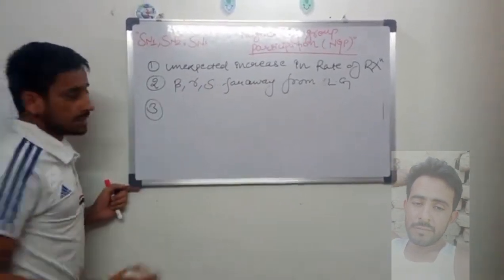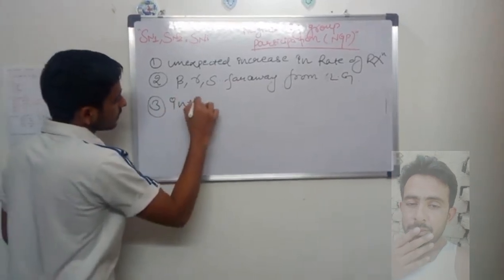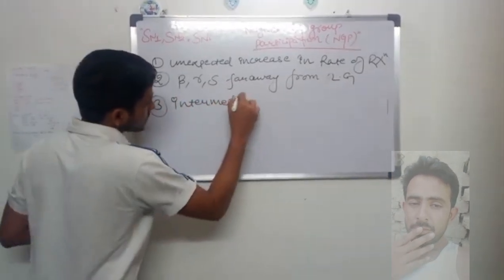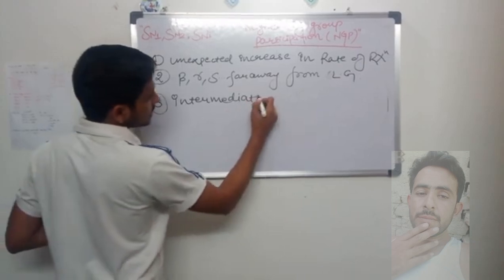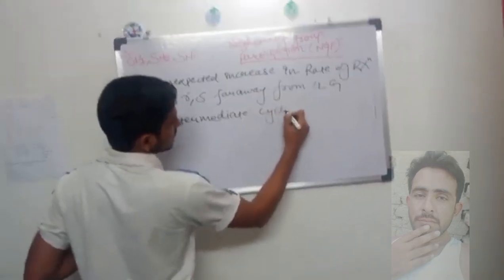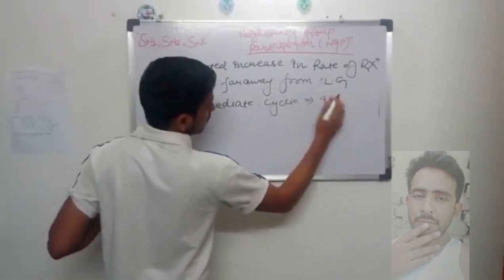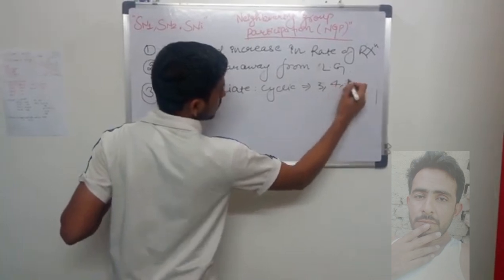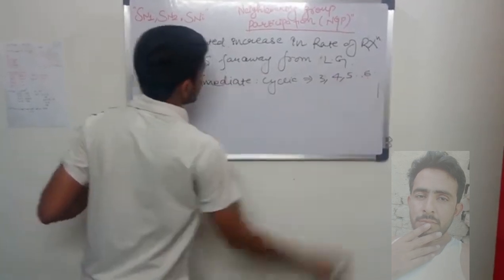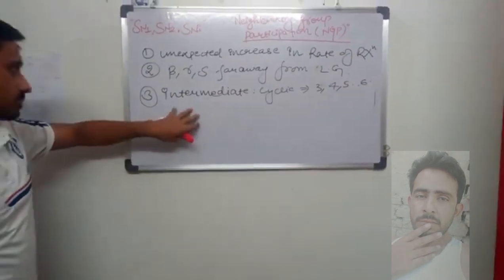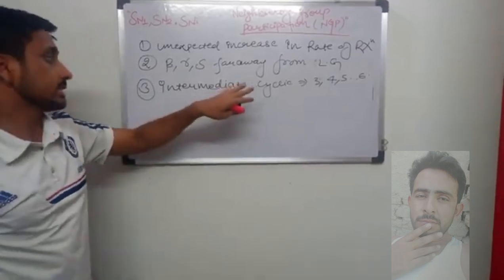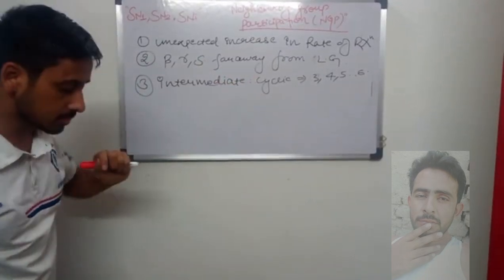The intermediate of the reaction will be cyclic. It can be 3-membered, 4-membered, 5-membered, 6-membered. So this reaction goes through a cyclic intermediate which is a 3, 4, 5, 6-membered ring.